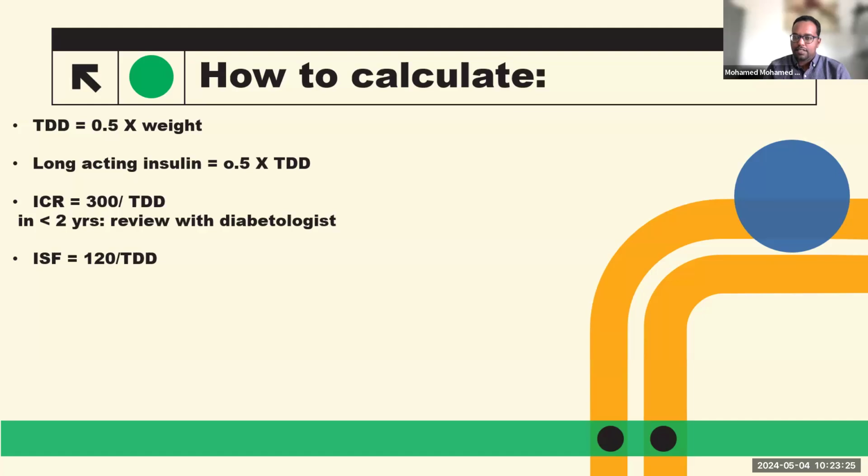Some other trusts even go into more detail, classifying them into age cohorts, so they would say 3 to 5 years, 500, more than 5 years, 300 for ICR, and the same goes for the ISF.